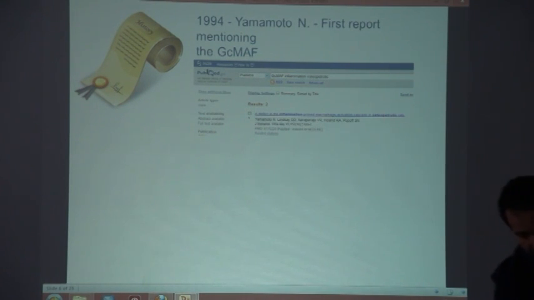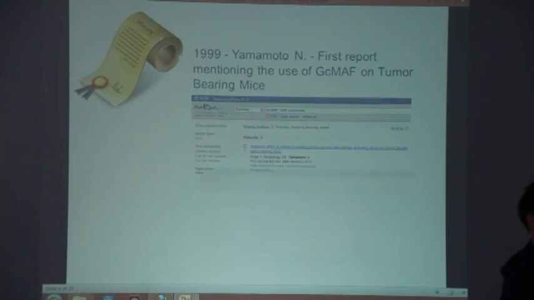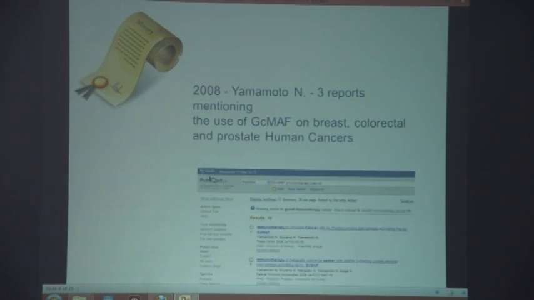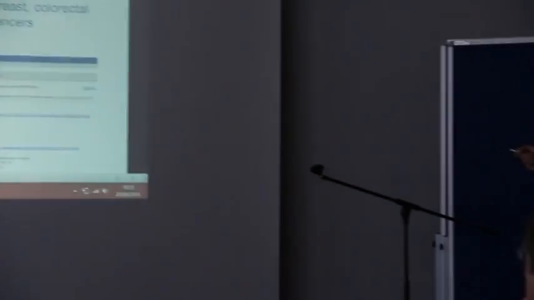A little bit of history of GcMAF. This is the first report mentioning GcMAF by Professor Yamamoto. In 1999, Yamamoto made the first report mentioning the use of GcMAF on tumor mice. In 2008 appeared three reports of Professor Yamamoto mentioning the use of GcMAF on breast, colorectal and prostate human cancer.